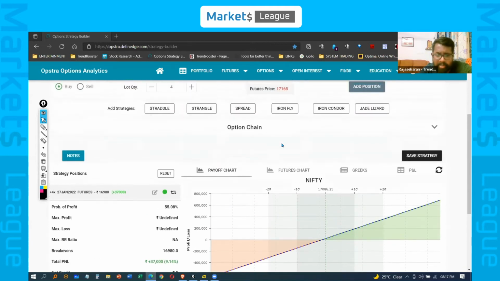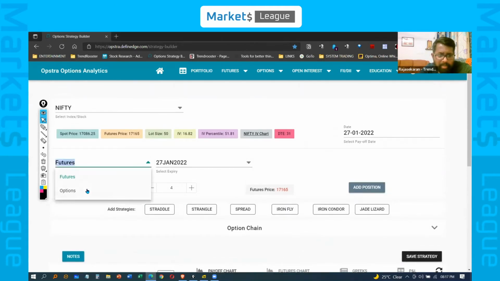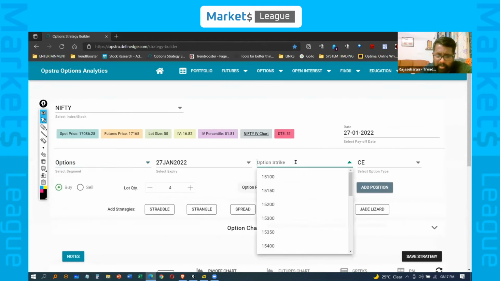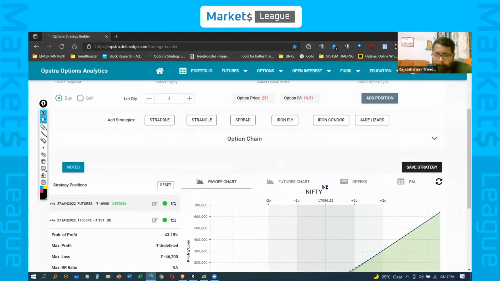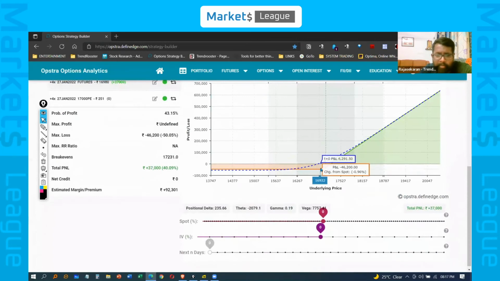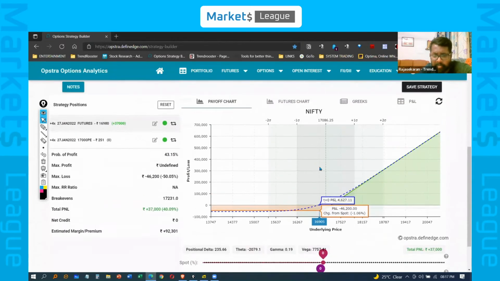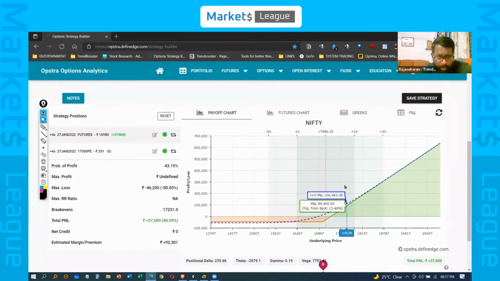What I can do is buy put options. Buy the January contract put option, maybe 17,000, 4 lots. If you buy the 4 lots, what is my max loss? 46,000 max loss. I want to avoid this max loss by selling OTM call options.